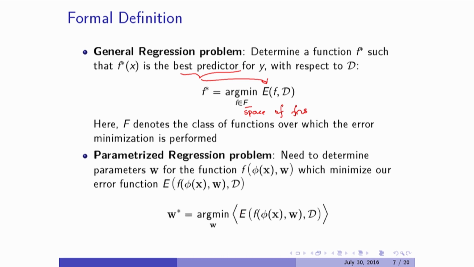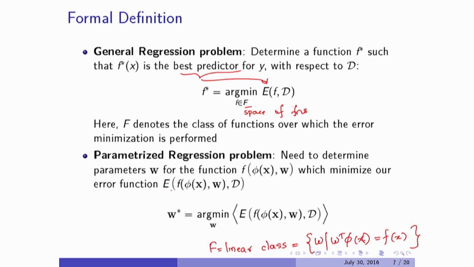One can get more specific and choose a particular class f which invokes parameters w. So for example, if f is chosen as a class of linear functions, it will basically be all the w's such that w transpose phi of x is f of x, or rather w transpose phi of x is what should be matched with the dependent observation y.